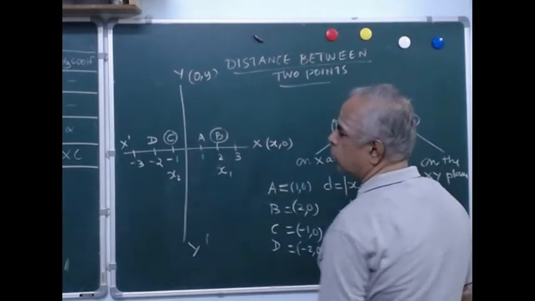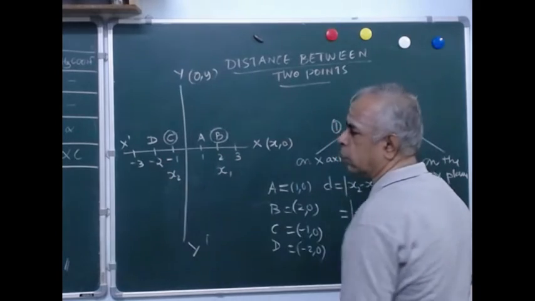On this side you have 2, on this side you have -1.